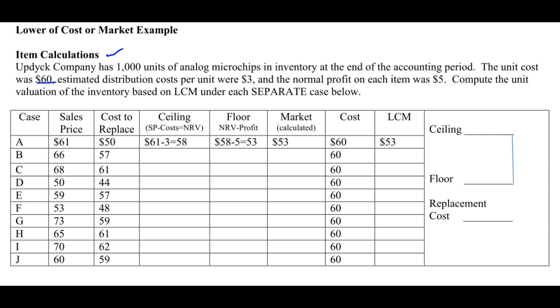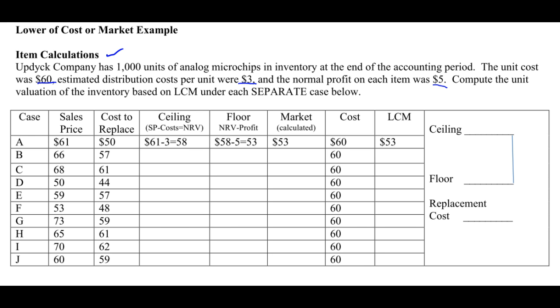We're going to assume that there's a distribution cost associated with selling these of $3, and then that the normal profit on this particular item would be $5. That can be given to you in a percent or an amount. I've chosen to give it to you in amount. If it's given to you in a percent, multiply that percent times the sales price to get the profit.